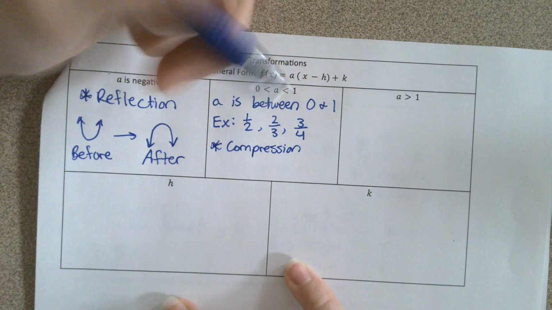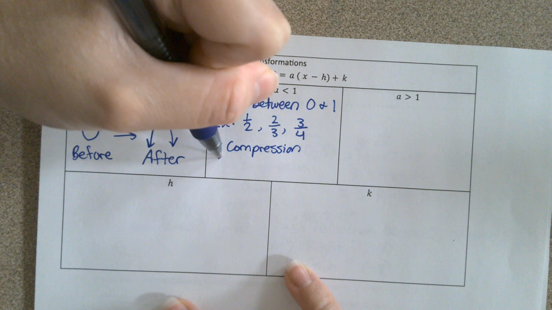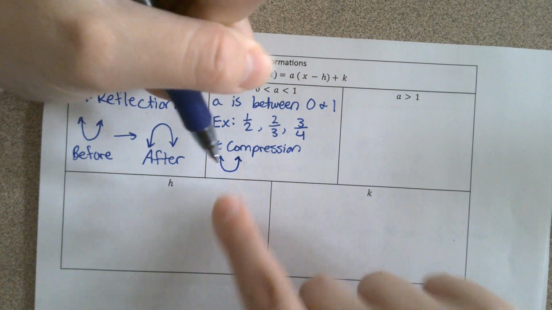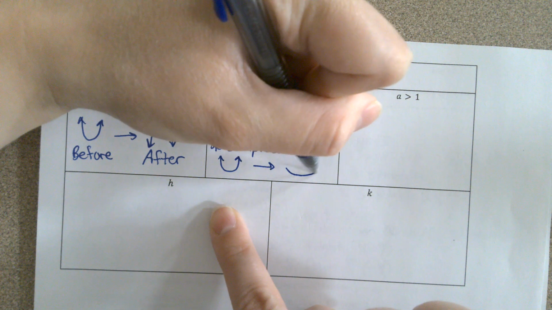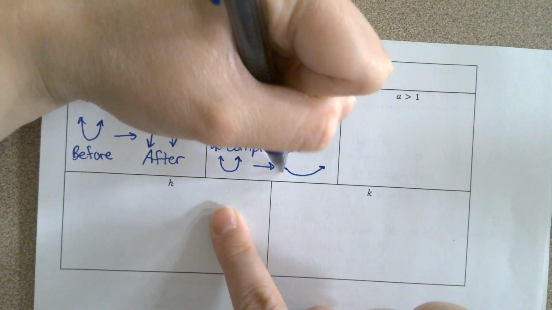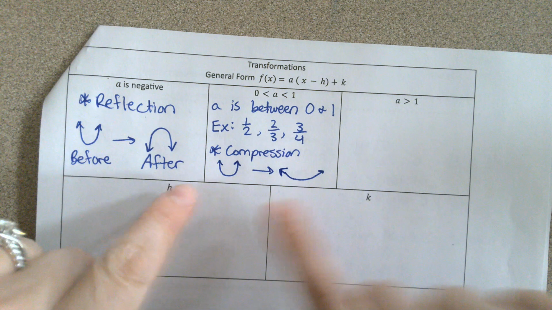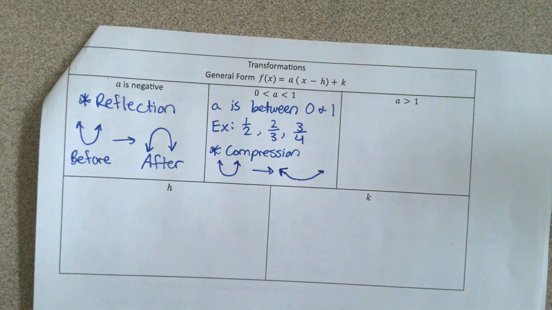And so again, this would be like your before, and then after, it kind of flattens out. It looks like we're pressing the arms of the quadratic down further.